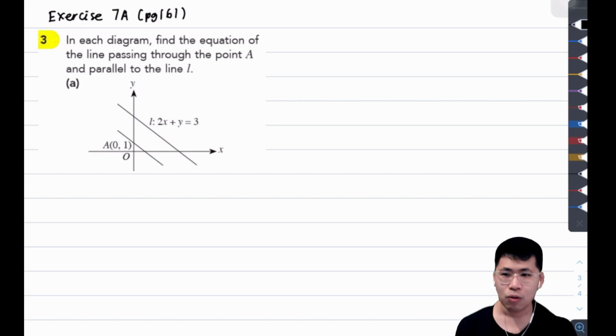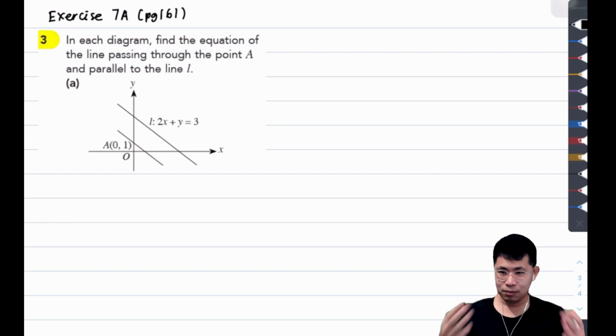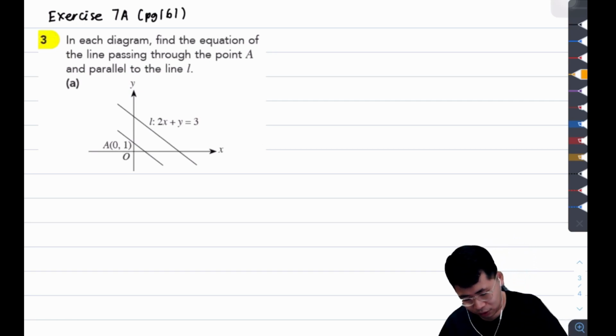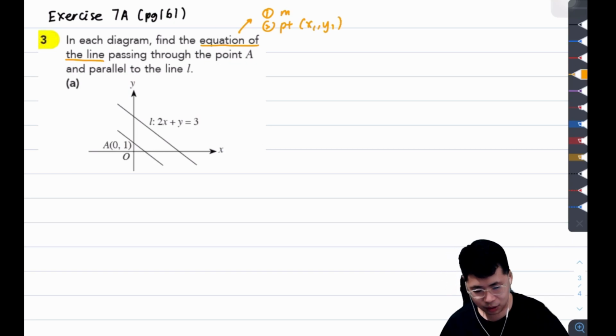Now over here, we have two lines here. So find the equation of the line passing through point A and parallel to the line L. So over here, we have L, and we have A. In order to look for the equation of the line, we are going to need the gradient first, and we are going to need a point x1 and y1, which we have in this equation.